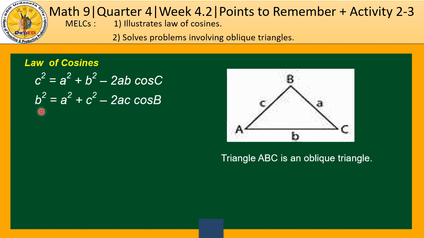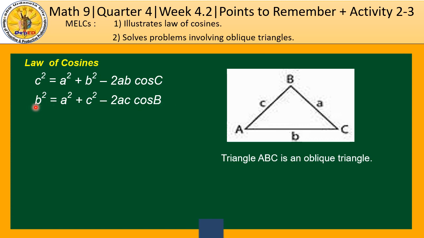If we are looking for b, then b squared is equal to the remaining two sides, a and c, therefore a squared plus c squared minus 2ac, using a and c again, times the cosine of the angle across that side.